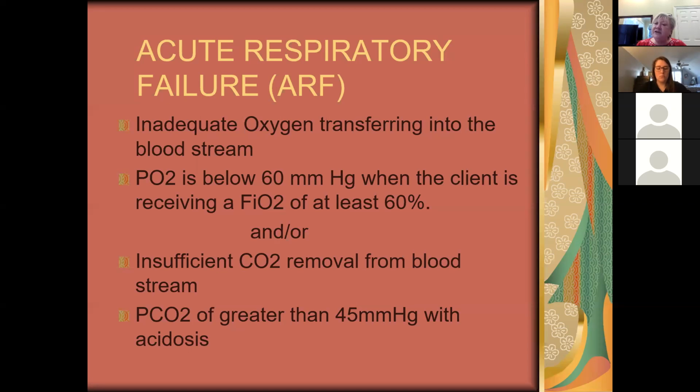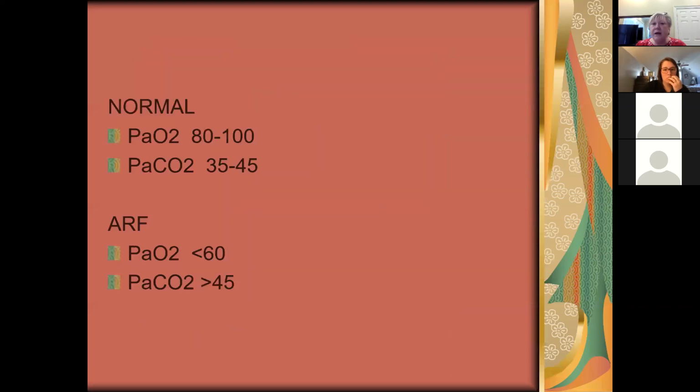Now, this is the definition according to Lewis. You could pick up Iggy's book, Donna Ignatovich's book, and she might say less than 55. I don't care if you're saying 60, I don't care if you're saying 55, I don't care what number you're saying. Acute respiratory failure means hypoxia with or without an increase in your PCO2. That's the answer.